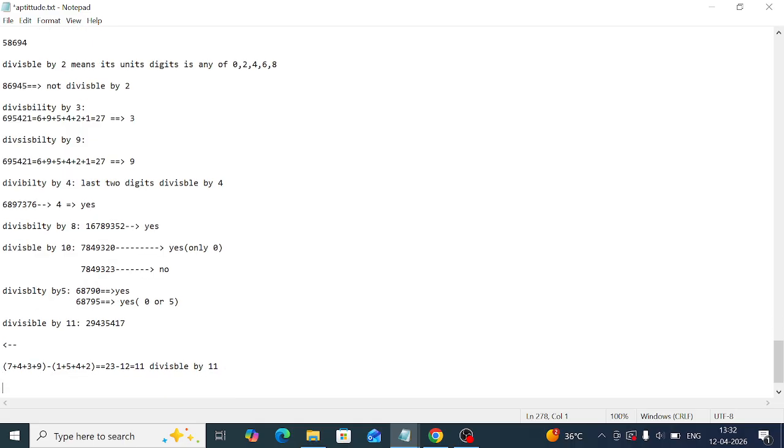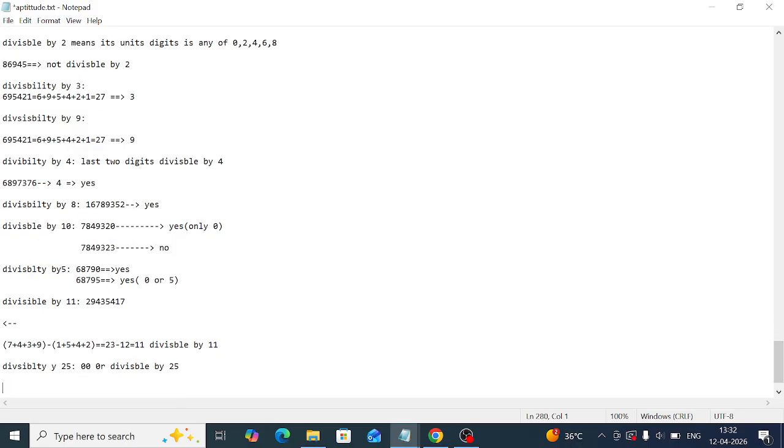Next, divisibility by 25. How can you say a number is divisible by 25? The number formed by the last two digits must be 00 or divisible by 25.